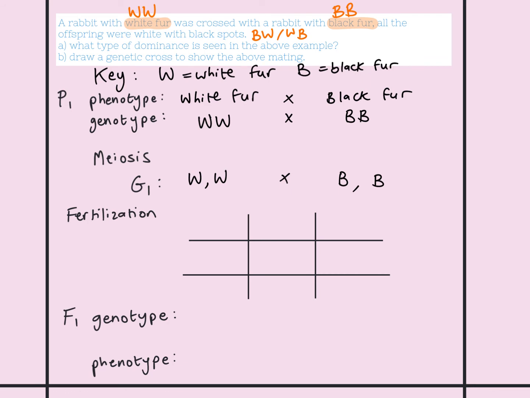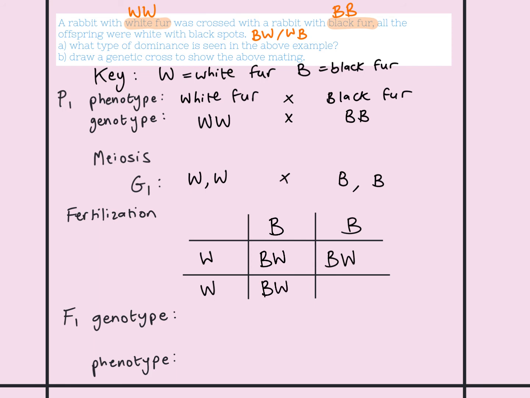Then when we do our gametes, it's always 1 allele for each trait, because the homologous chromosomes separate. Then, when we're looking at fertilizing the gametes during the process of fertilization using a Punnett square, you put the one rabbit's alleles on the top, the other on the side, and you simply mate them like this.